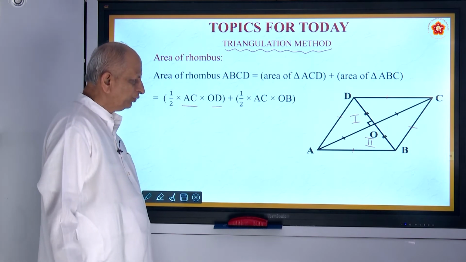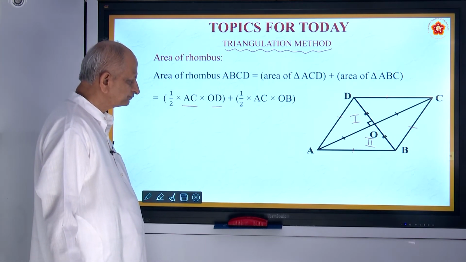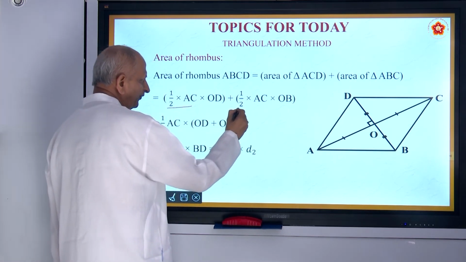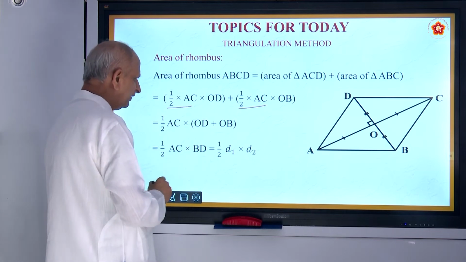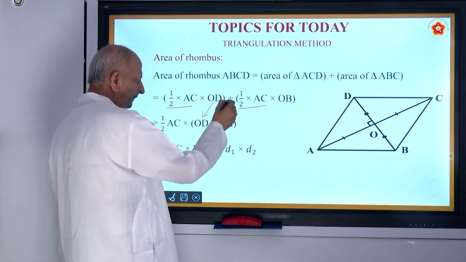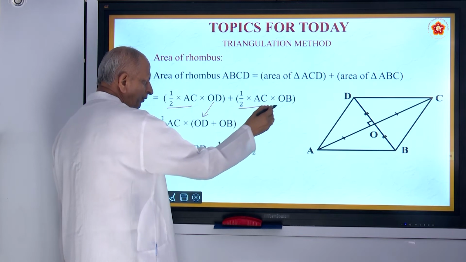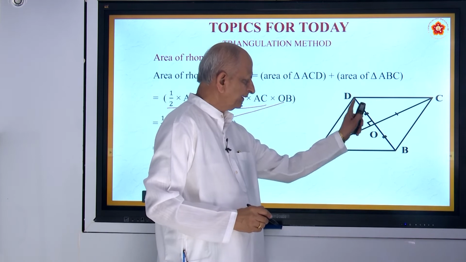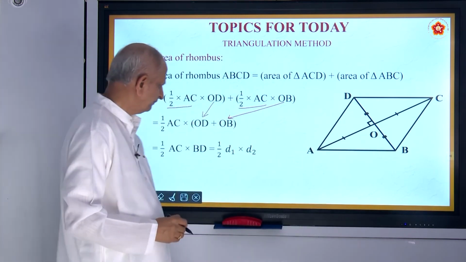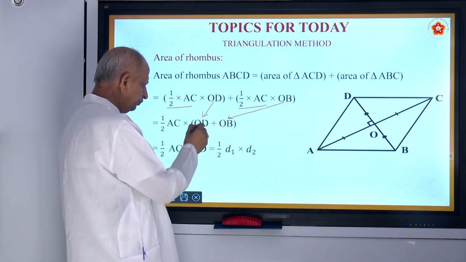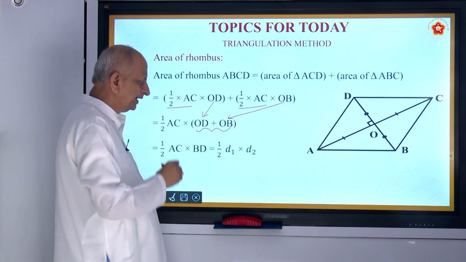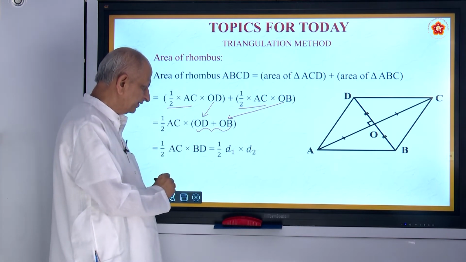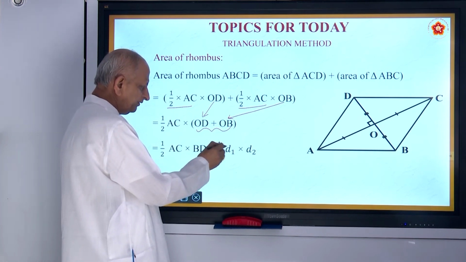Now in these two, which is common? See here, half AC taken outside. What remains here is OD plus OB. Now what does OD plus OB mean? In the figure, OD plus OB means BD. So half AC into BD, another diagonal. So half of the product of the diagonals.